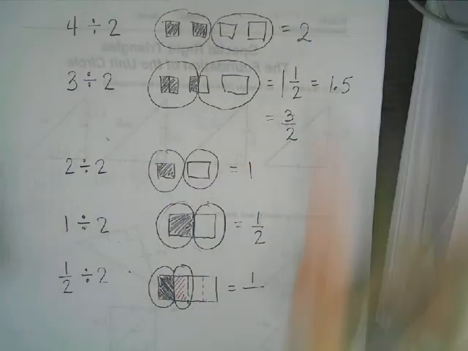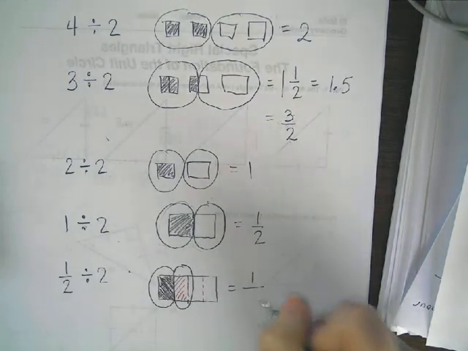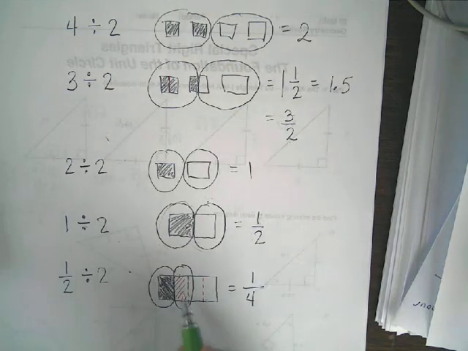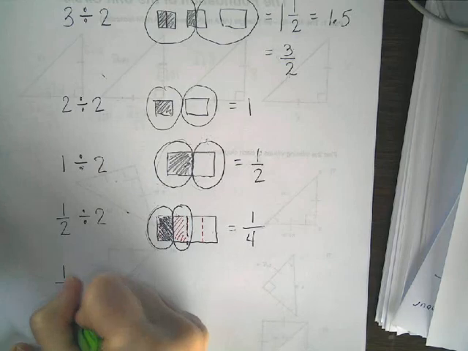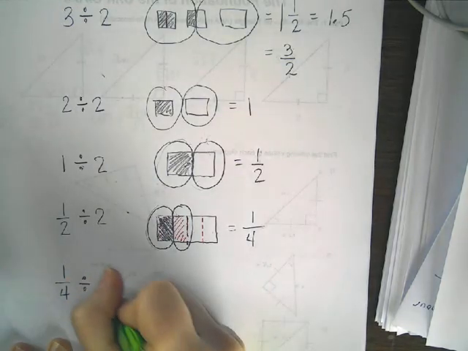I have one piece out of 4 in each group. 1/4 is in each group. So 1/2 divided by 2 is 1/4. Holy cow, what if we keep going? What if we take that answer, 1/4, and divide that by 2?